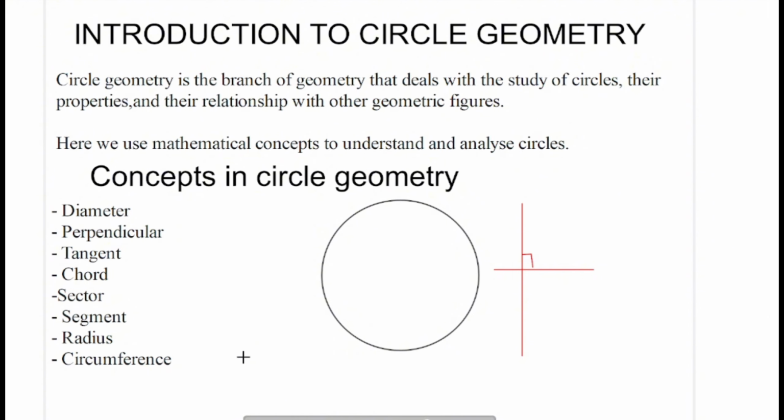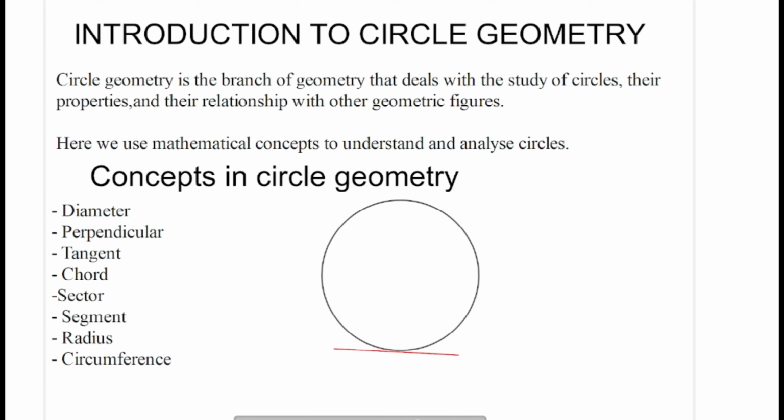And the next one, a tangent. A tangent is a line that touches a curve. Now we're working with a circle. The line that touches the curve at the surface, the outer part, like this. So this is a tangent.